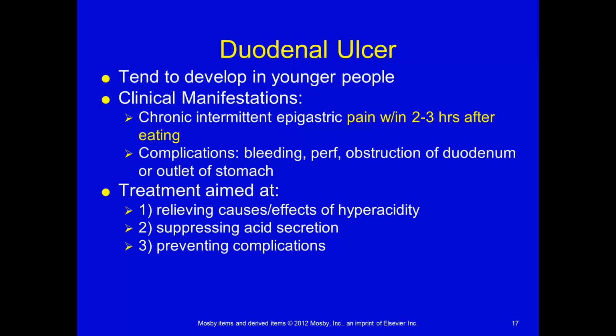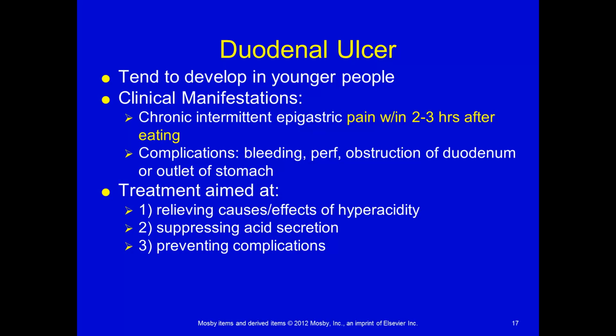There certainly can be more than just pain associated with a duodenal ulcer. The complications could be bleeding, depending on whether it goes all the way through the lining of the intestine or not. It could have a perforation. It can certainly cause obstruction of the duodenum or the outlet of the stomach as well. Diagnosis is usually made by endoscopy, so just putting a camera down and looking at the lining of the GI tract.